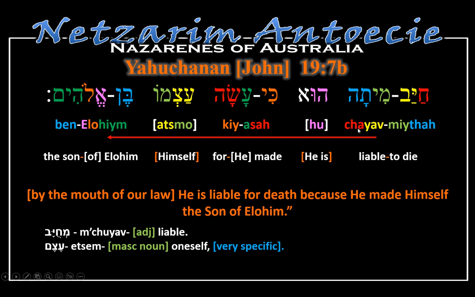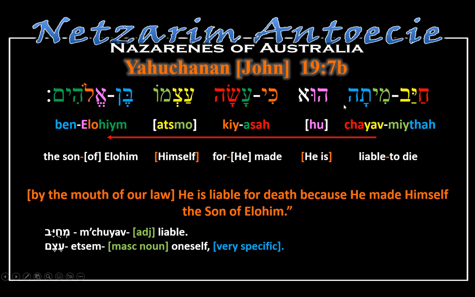So let's read it. Chayav mita. Now, what's chayav mean? If we look down here, we got mechuyav, which is an adjective form of it, and it means liable. So literally, it's to be liable, we could say, right? So liable to die, and then how do we get die?